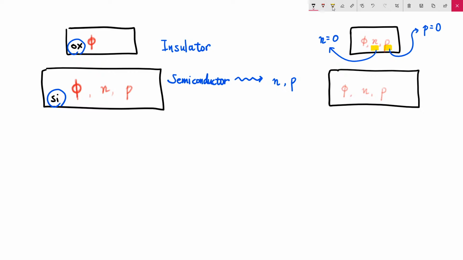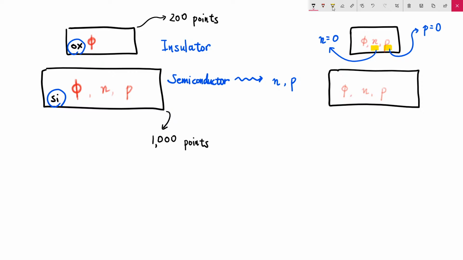Now you have, for example, 10,000 points for silicon, and for oxide you have a smaller number, like for example 200 points. Then please estimate the number of all unknown variables when we discretize them. Then you can easily understand.